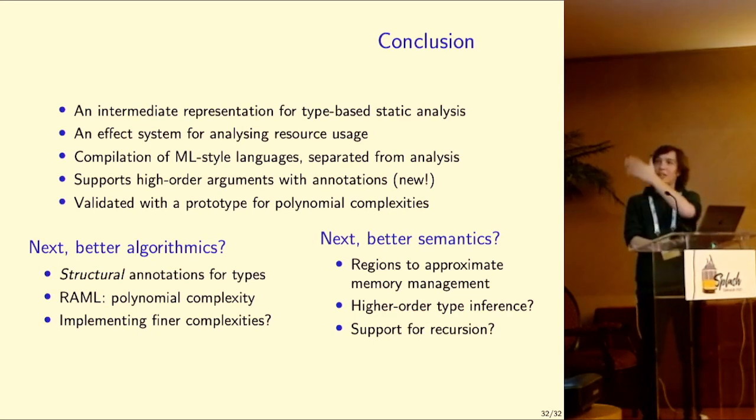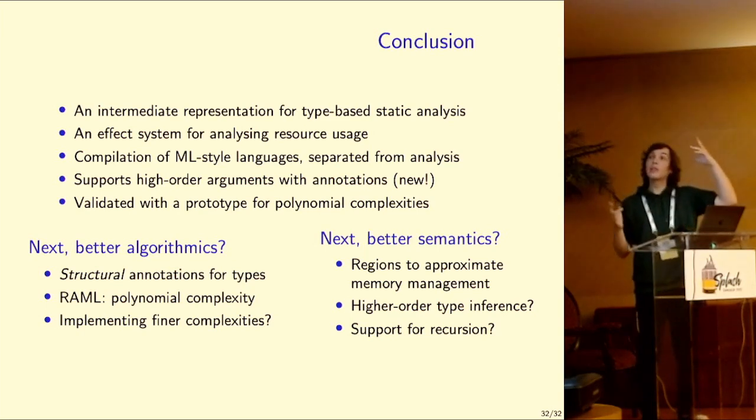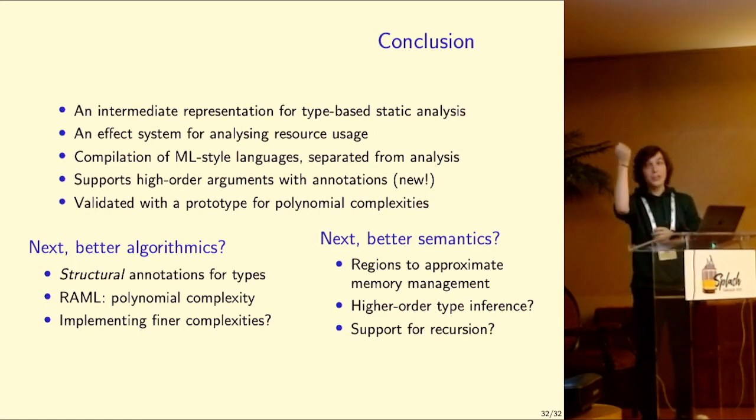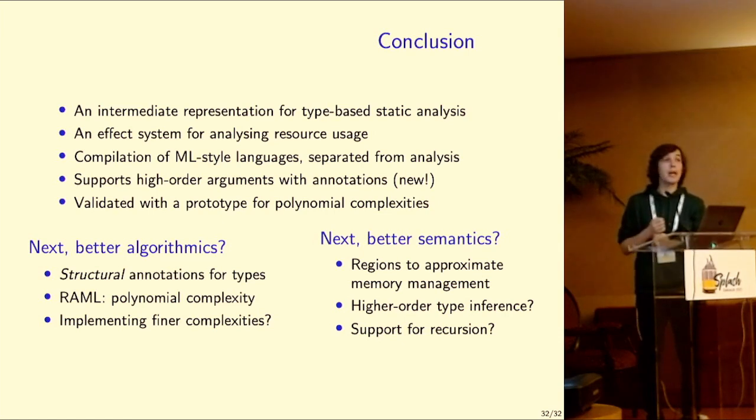This uses effect systems that we have built for it, and the good thing that we found is that we can factorize analysis by first solving all the semantic problems, going from the language to the machine, generating a first order constraint, and then separately this constraint can be solved. This means that if we want to add a new programming language to the analysis, we just have to redo the front end of the analysis, and if we want to add new complexity classes, we just have to upgrade the constraint solver separately, which was absolutely not the case for previous implementations of ARA as far as we can tell.